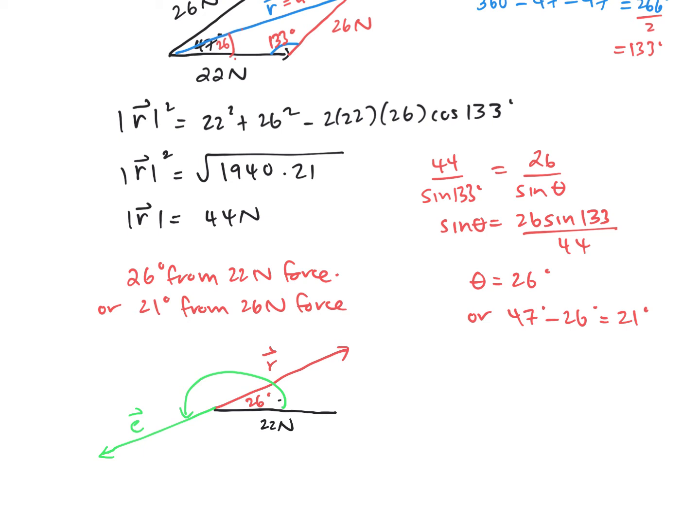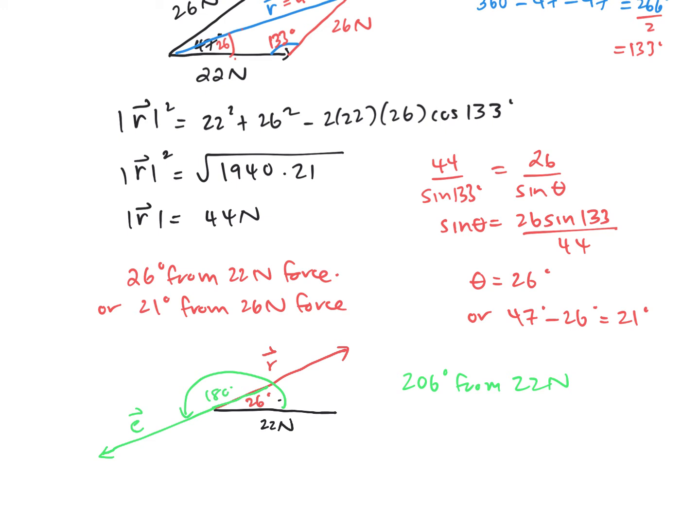So the equilibrant would have the same magnitude, so it would also be 44 newtons, but it would be all the way around here. So we have a straight line, which is 180, plus the 26. So 180 plus 26 is 206 from the 22 Newton force.